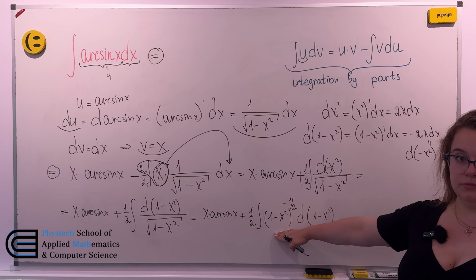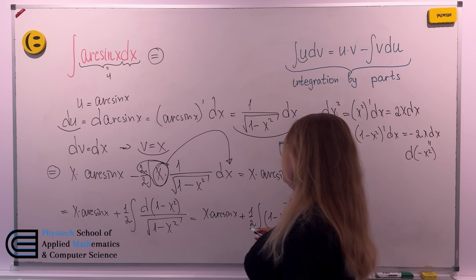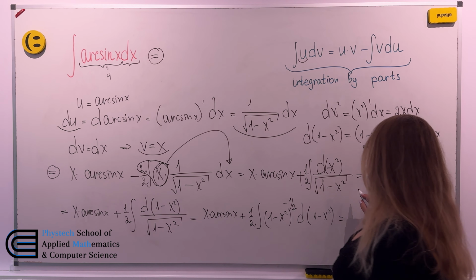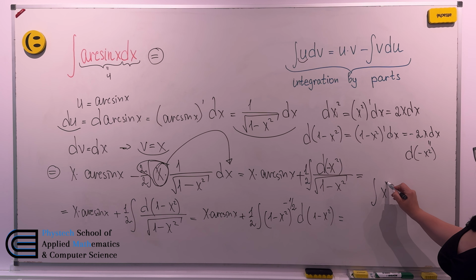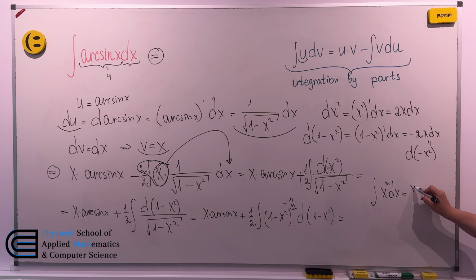So now we can see that we will use this formula: the integral of x to the power of m dx gives us x to the power of m plus 1 divided by m plus 1 plus c.